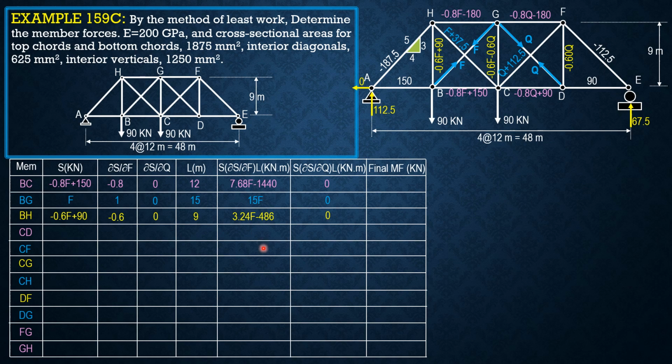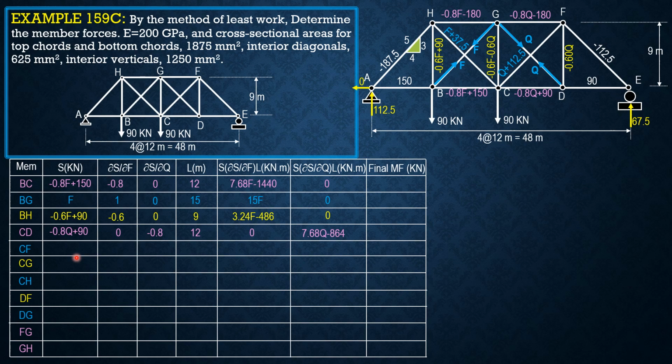then 0 here. CD, negative 0.8Q plus 90, negative 0.8, 0, because this is in terms of Q. Then here, negative 0.8, the length 12, then 0 here. Here, the product in terms of Q and the constant.